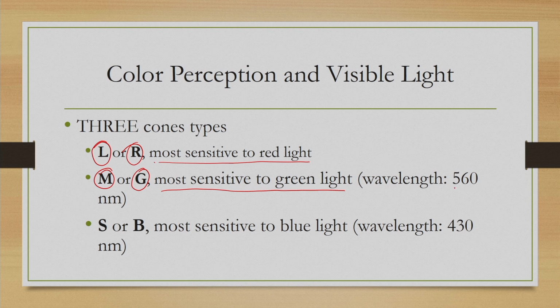Now, green light has wavelength of 560 nanometer, and then we have S or B. Again, this type of cone is most sensitive to blue light with 430 nanometer wavelength. So, there are three cone types. Each type is sensitive to a particular light wave with a specified frequency. We call these light waves red, green and blue.